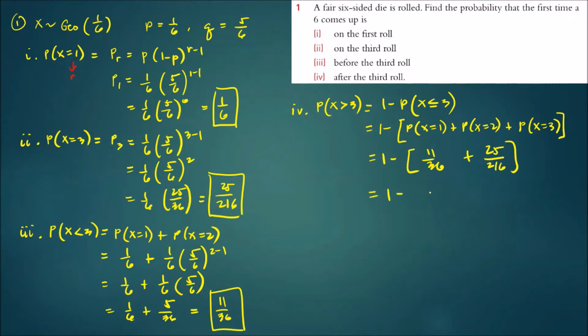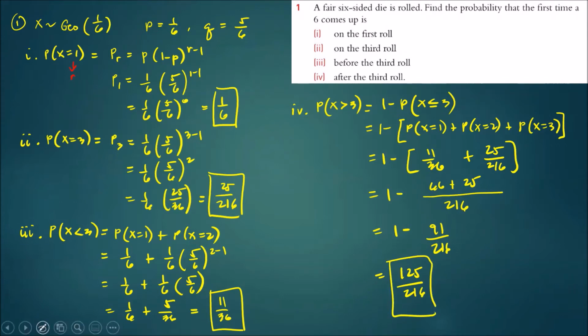So we have 1 minus (66 plus 25) over 216, or 1 minus 91 over 216, which is equal to 125 over 216.